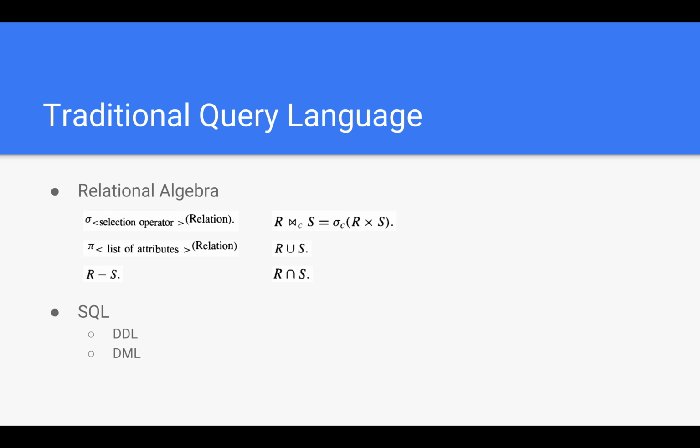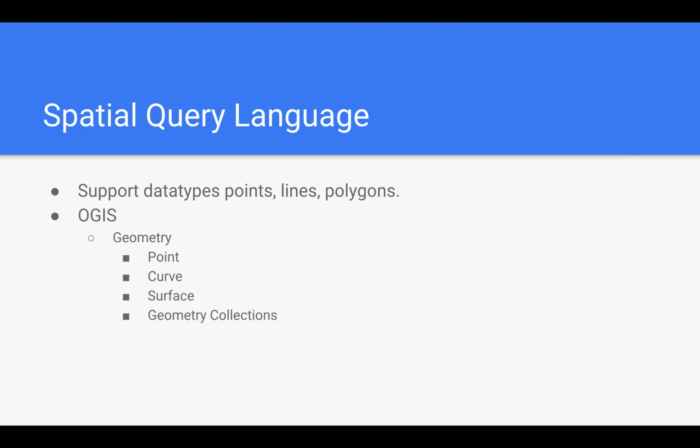The second one is called data manipulation language, which is used to query, create, and delete rows in a database. Overall, relational algebra is a formal query language, but it is not implemented in commercial databases, but it is a core concept of SQL.